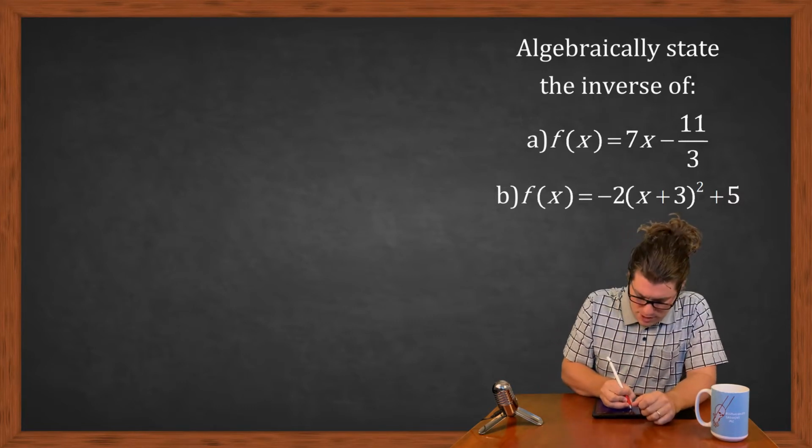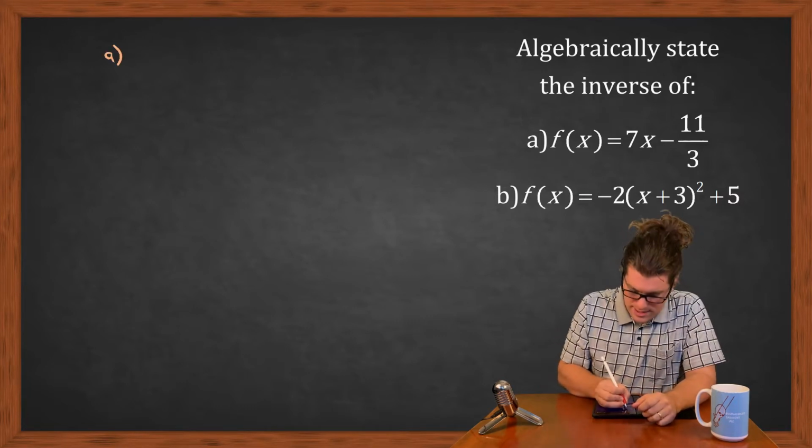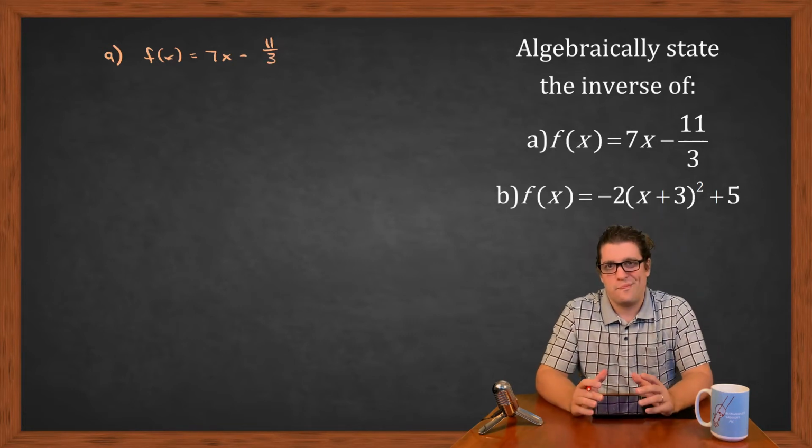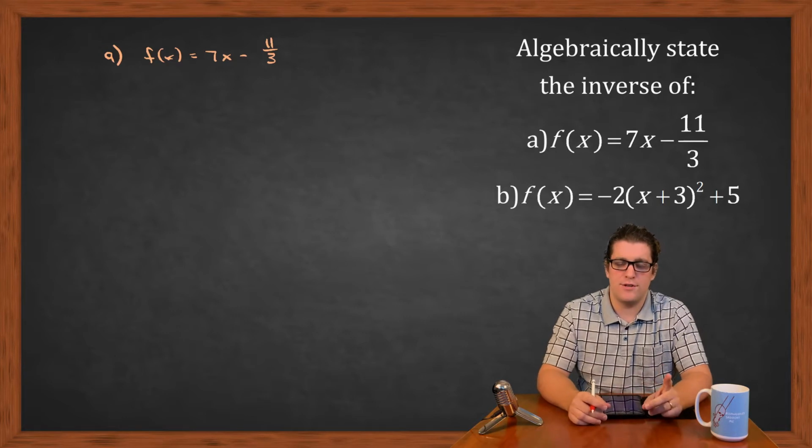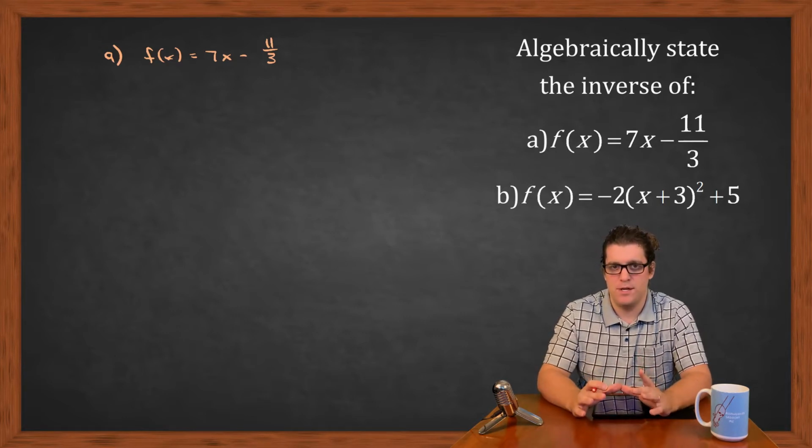So first things first, I'm going to just copy down a. So that says that f of x is equal to (7x minus 11) over 3. Now, what I want to do is take the first step. I want to be careful because when I switch my x and my y values and this thing becomes the inverse, because this is the original that I've just written down, there's a possibility that it will no longer be a function.